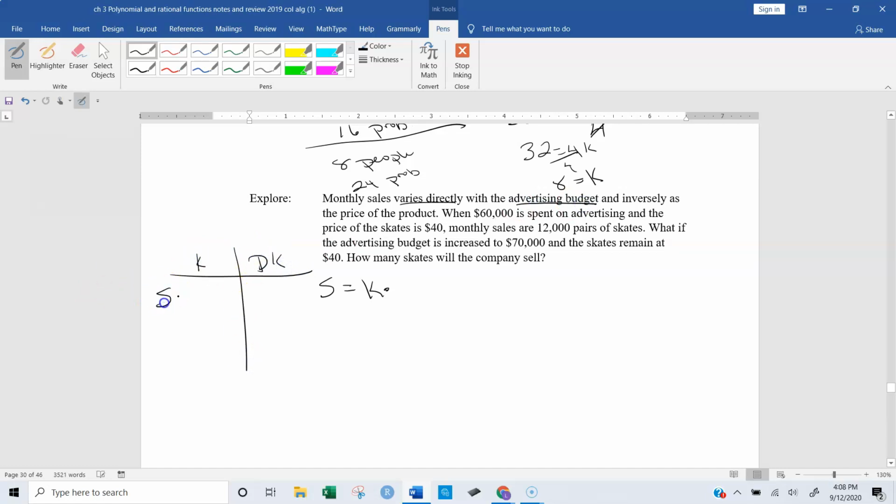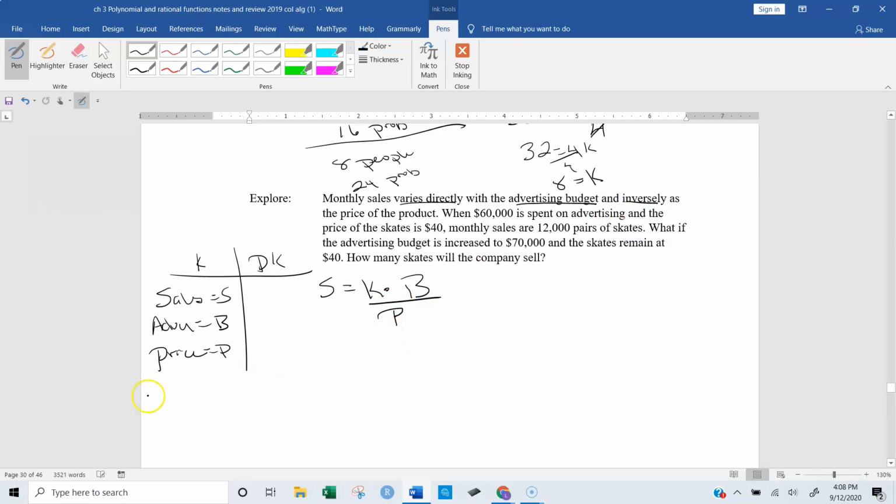So we're going to let sales be S. We're going to let advertising be B for budget, inversely as price. And then let price equal P. So sales varies directly with the budget and inversely, so we're dividing, inversely means divide, as the price.